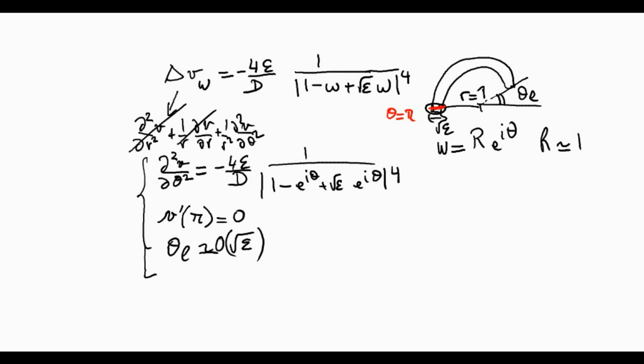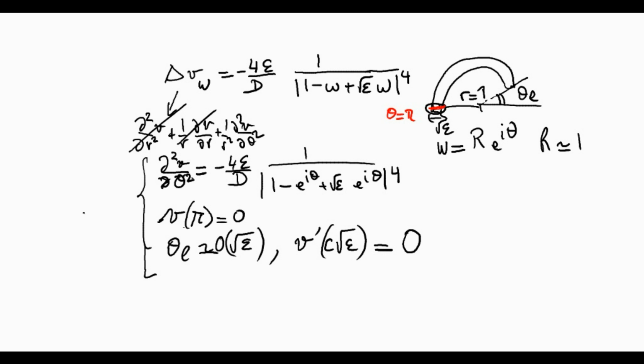This is not v prime here equals 0, but v of pi equals 0. So on the other hand, at theta L, we need to impose a reflecting boundary condition, which is v prime at a constant c square root epsilon equals 0.